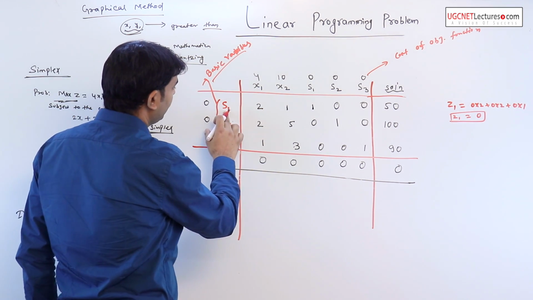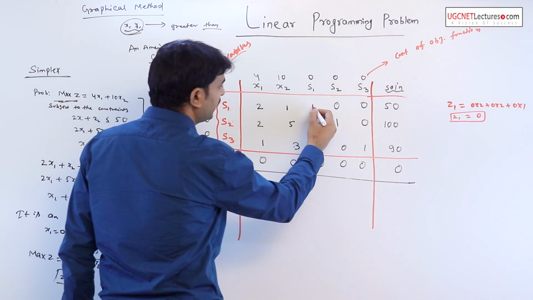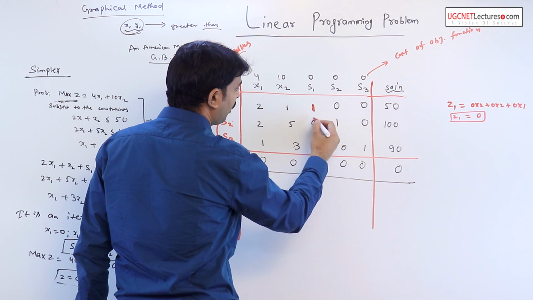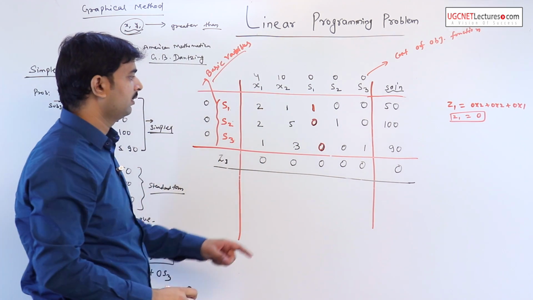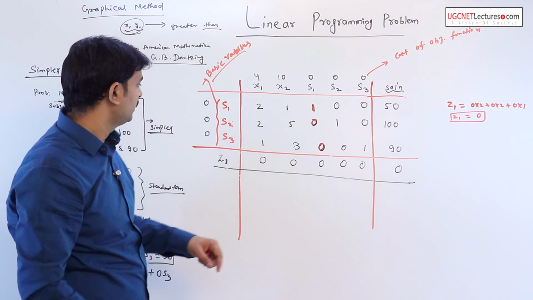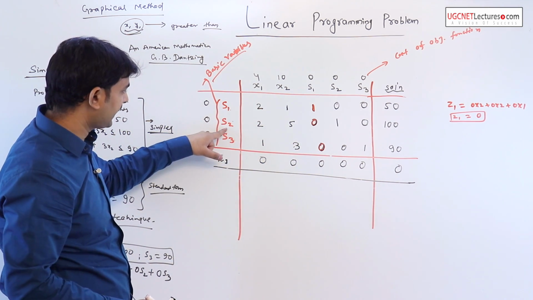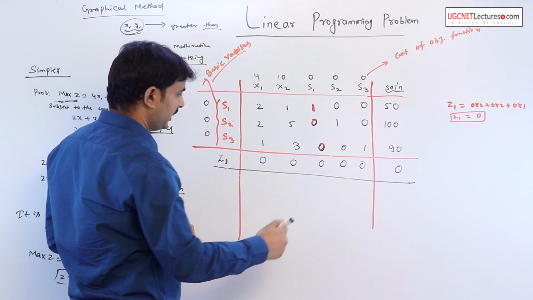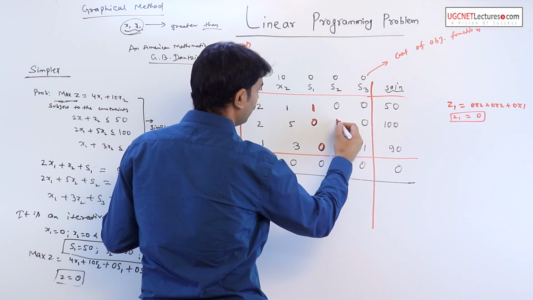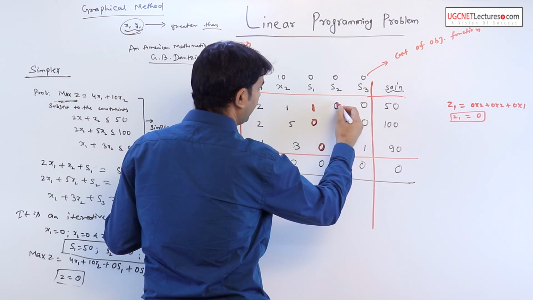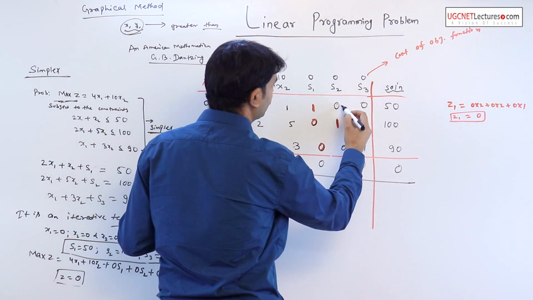Here S1 is the first basic variable, so here first, and all the remaining are 0. Similarly, S2 is the second basic variable, so here in the second, here 1, and all are zeros.